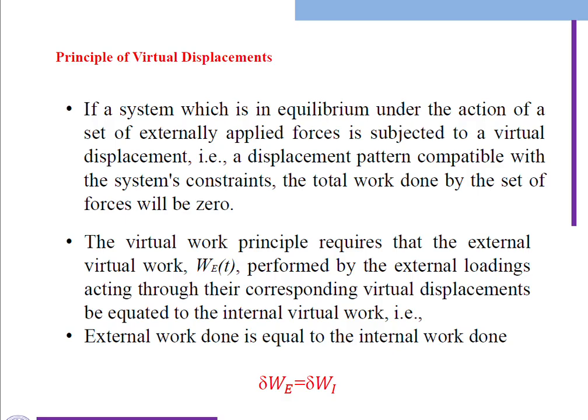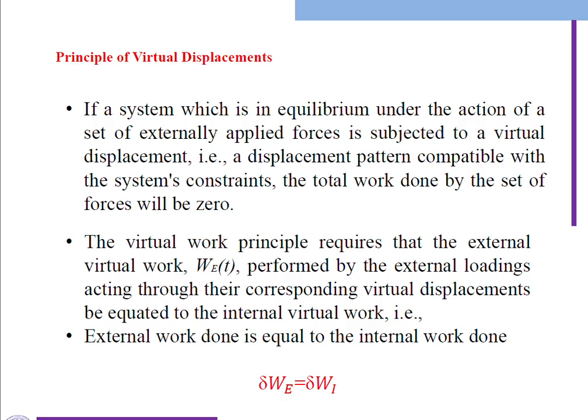There will be some constraints, meaning conditions, depending on which we find the total work done by the body. If you apply one load, you get one displacement. If you apply a number of forces, then we can see a number of displacements.